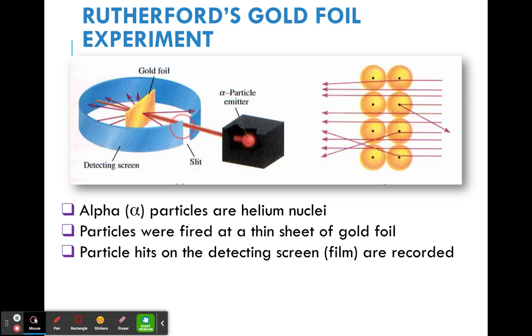So some of them even bounced back towards the alpha emitter. And so you could see here this really large deflection. So what does this mean?